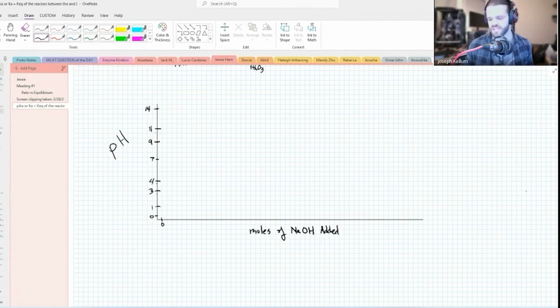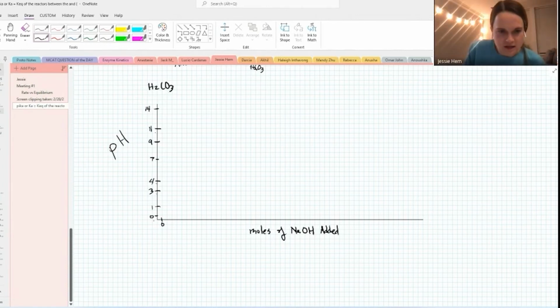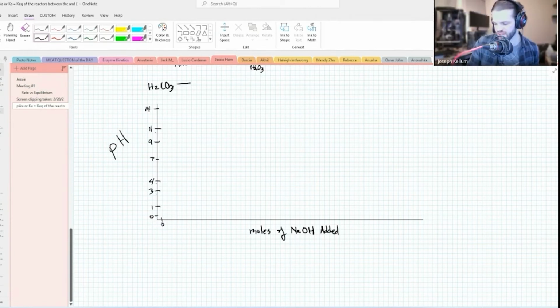So let's say that it's H2CO3 in here, so we know what's in the solution. That's the unknown acid that's now known, and we can do another one if you want. H2CO3 reacts with water to form hydronium and bicarbonate.